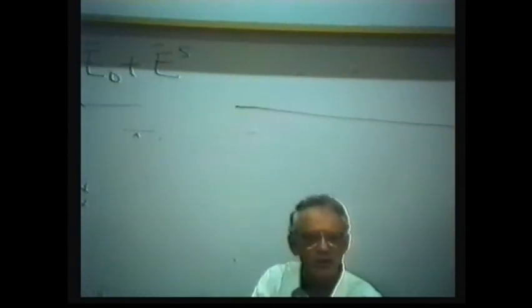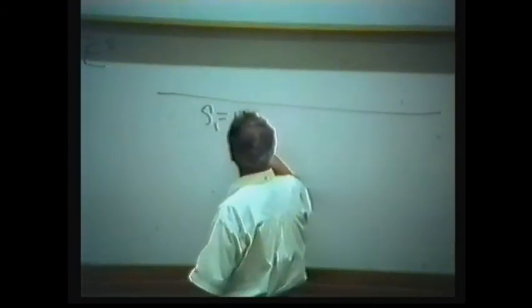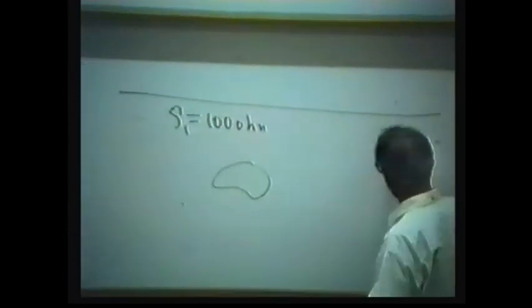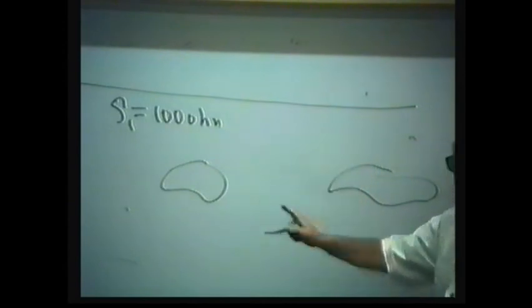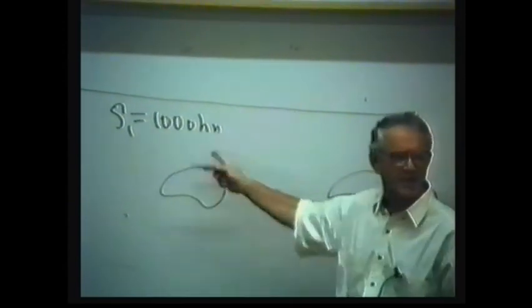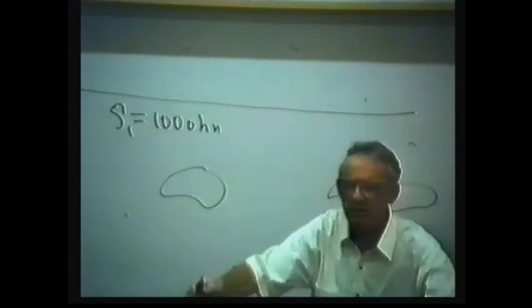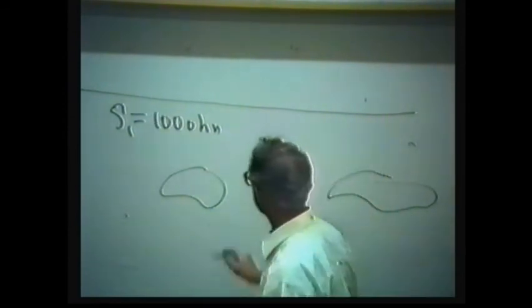Now, the first time, not the last, I will discuss with you resolution ratio between useful signal and noise. Suppose we have a surrounding medium of 100 ohmmeters, and we have 2 targets, almost the same dimension, the same depth, the same shape, but with a small difference.